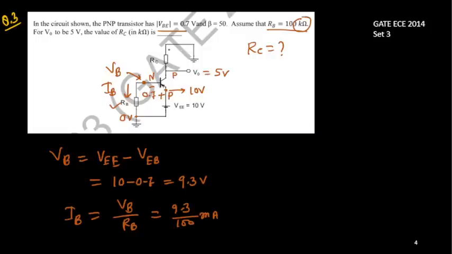Because if this is IB, we will get one IC current, and that IC current will flow this side. This is your IC. We are assuming that it is in active region and IC equals beta into IB. Then what is V0? V0 is nothing but the potential drop across RC. This end is grounded, so IC into RC. That's simple.